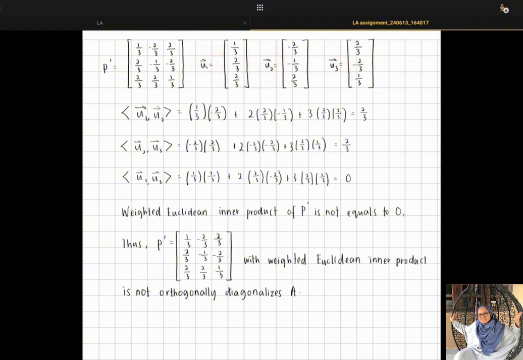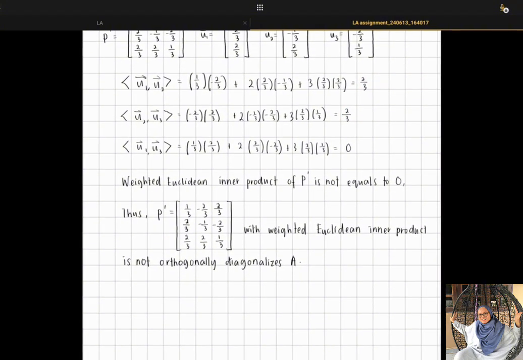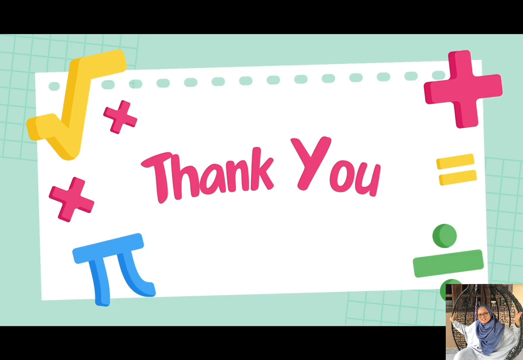Next, we have to find the inner product of each pair. And we found that the weighted Euclidean inner product of P prime is not equal to 0. From that, we can see that P prime with the weighted Euclidean inner product does not orthogonally diagonalize A. That's all from us.